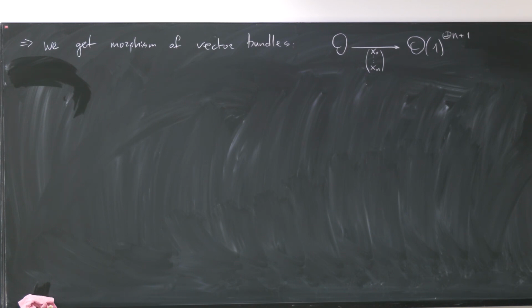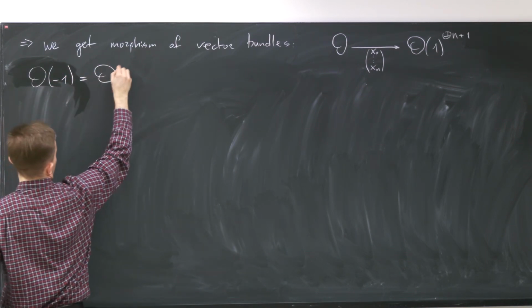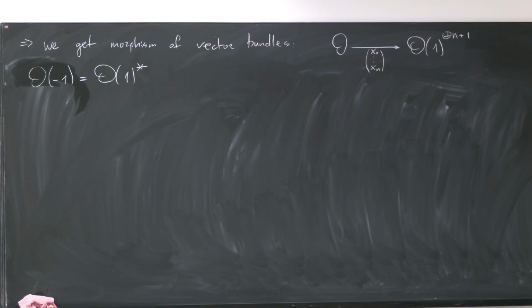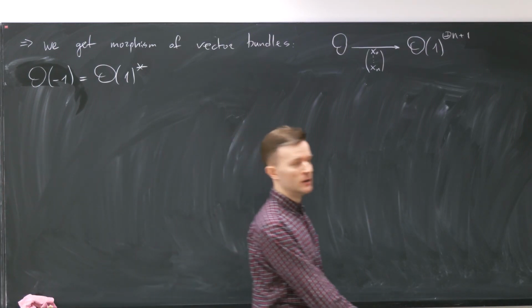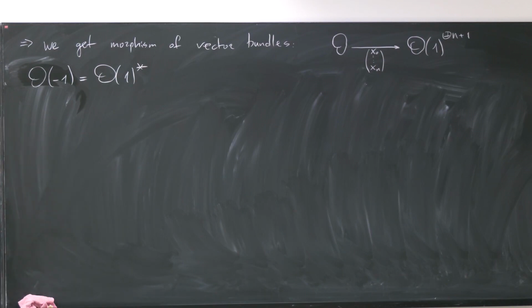Tautological? No, the tautological bundle is usually denoted by O of minus 1, which is by definition O of 1 dual. There is a dimensional problem with the tautological one. So let's think about it: the quotient should be the tangent bundle. Yes, exactly, you're right, this is the tangent bundle.